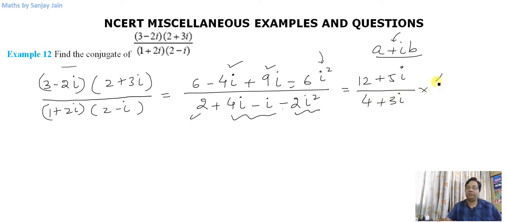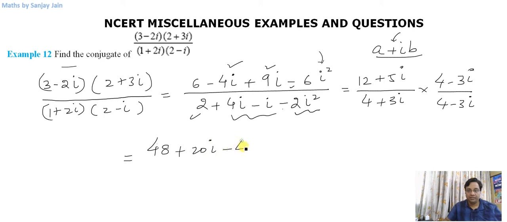Now let me multiply and divide it with 4 minus 3 iota. In the numerator I'll have 48 plus 20 iota minus 36 iota, and then minus 15 iota squared.